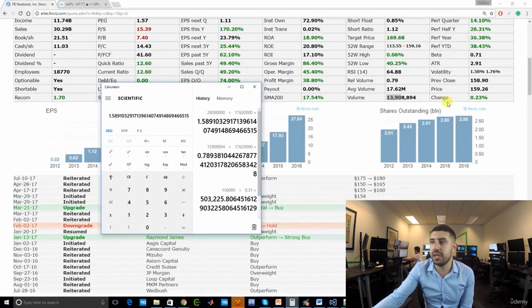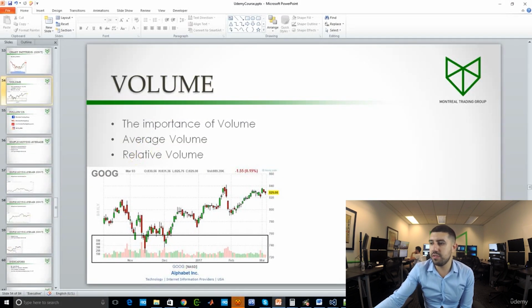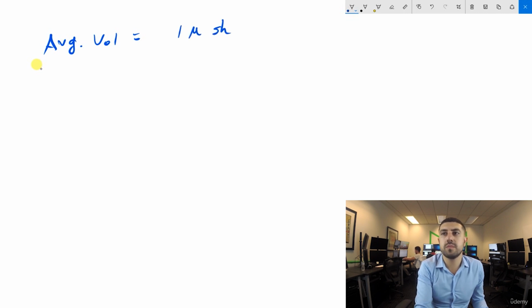If a stock usually does, let's say, 1 million shares, its average volume is 1 million shares, and today it did 5 million shares.